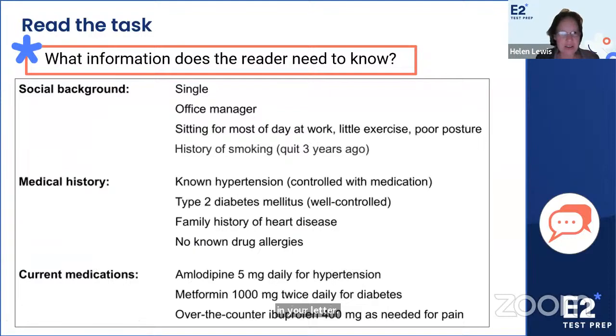So now let's look at the case notes. We've got social background, medical history, and current medications. What do you think the reader needs to know? I'll give you a moment to put that in chat.